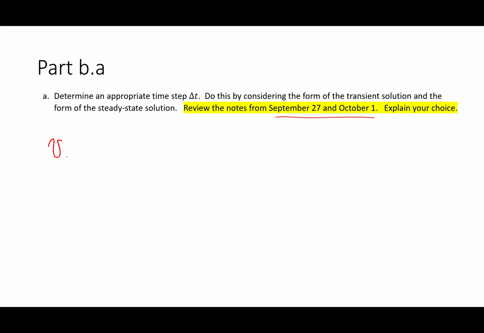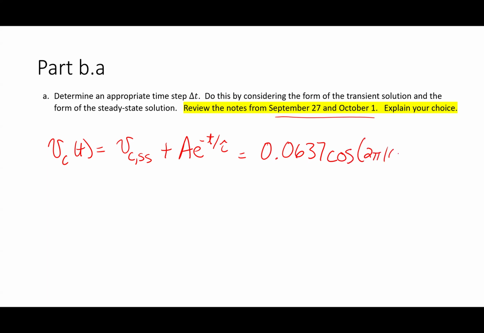But basically, I know that V sub C of T is equal to the steady state plus A e to the negative T over tau, where the steady state is apparently 0.0637 cosine(2 pi 10t minus 89 degrees) plus A e to the negative T over tau.